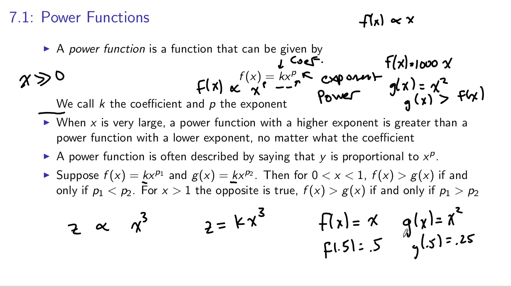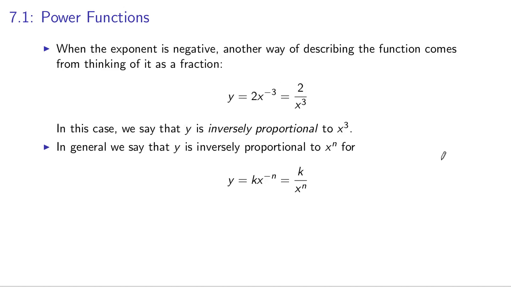So when x is bigger than 1, g should be bigger. If we put in a number bigger than 1, f of 2 is 2, g of 2 is 4, because 2 squared is 4. And this is true for any powers, not just 1 and 2. It's a convenient example to help us remember the principle, though.